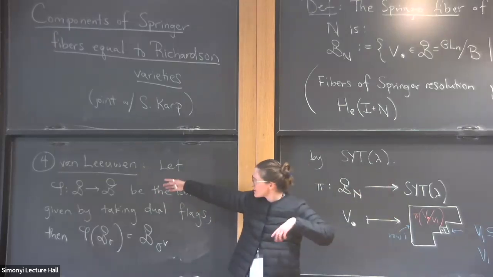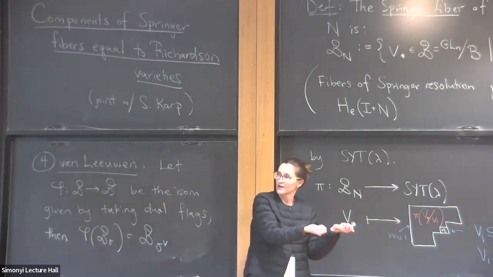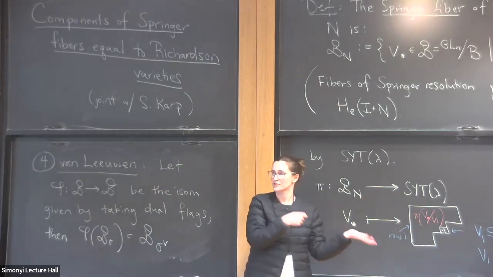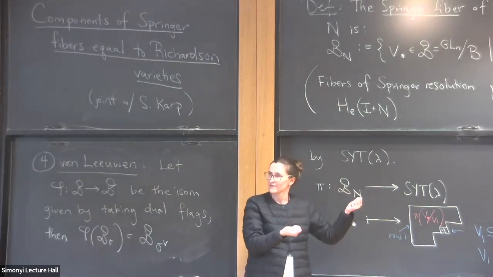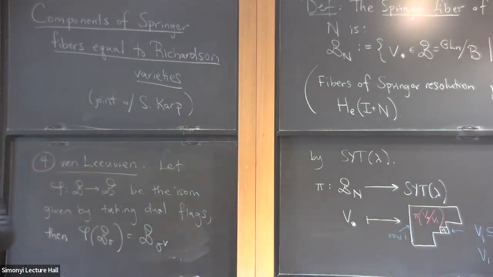And when you do that, Van Leeuwen's theorem says you just get the evacuation of whatever tableau. Spaltenstein's conventions. Steven and I call this Spaltenstein versus Steinberg conventions. And we have our own preferences, so we sometimes have some issues.